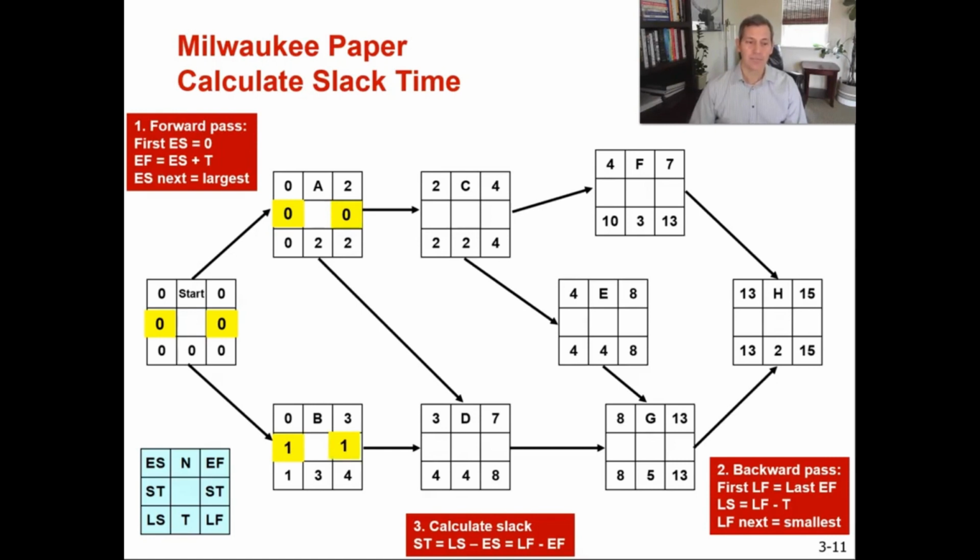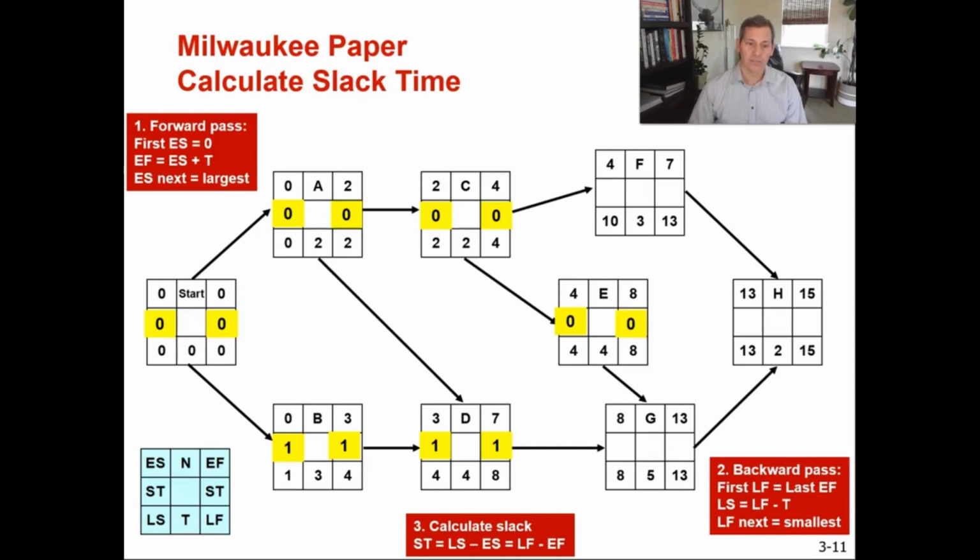Now let's go to D. 4 minus 3 equals 1. 8 minus 7 equals 1. Now let's go to C. 2 minus 2 equals 0. 4 minus 4 equals 0. Now let's go to E. 4 minus 4 equals 0. 8 minus 8 equals 0.